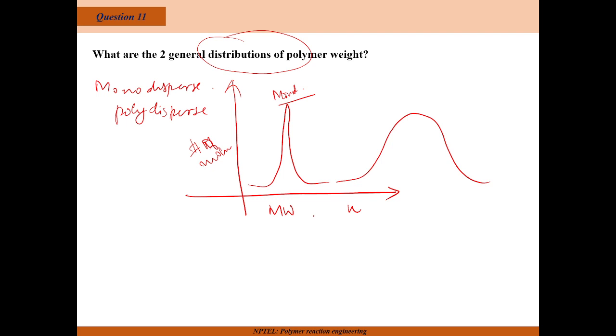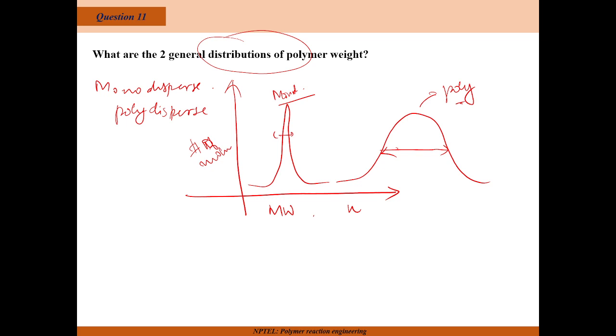It is not made of just one single type of polymer. We can tell this with the width. For polydisperse, the width will be much larger, and for mono, it will be smaller. So this is a very fundamental kind of classification.